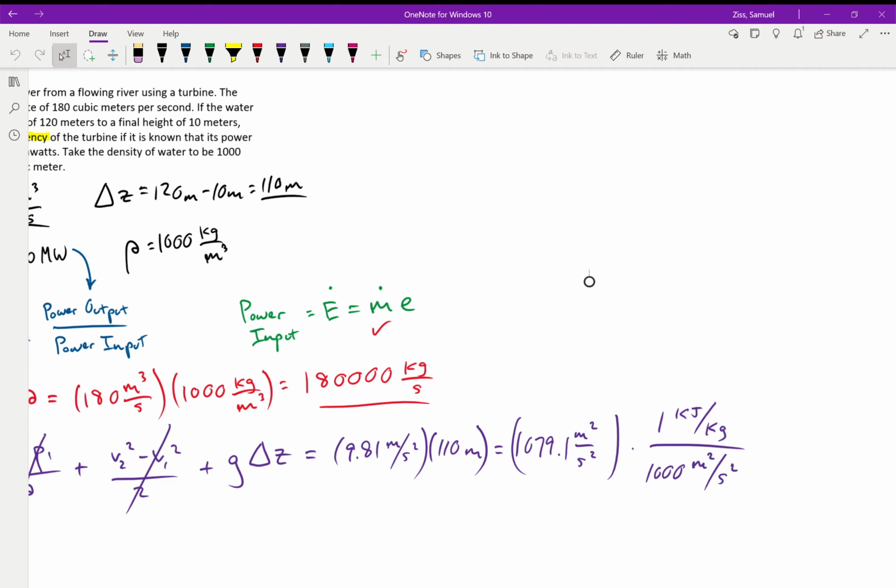Giving a little background on that conversion, there are 1,000 meters squared per second squared in 1 kilojoule per kilogram. The reason we're making this conversion will become clear in the next line. Once we do make this conversion, meters squared per second squared are going to cancel out, leaving us with 1.0791 kilojoules per kilogram.